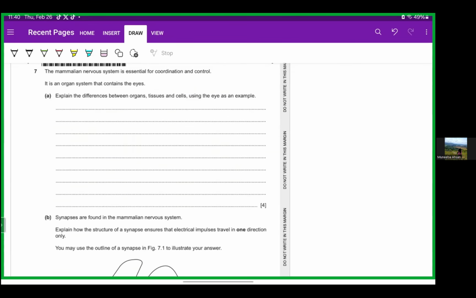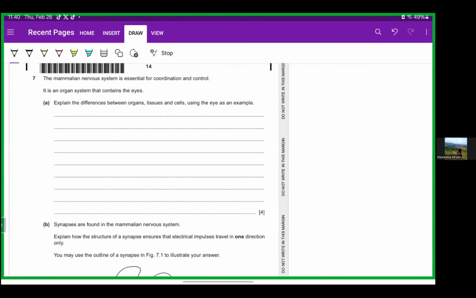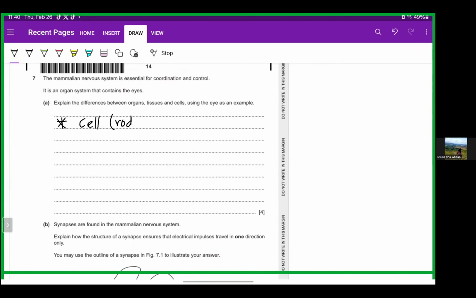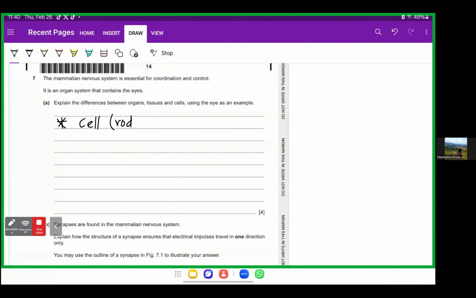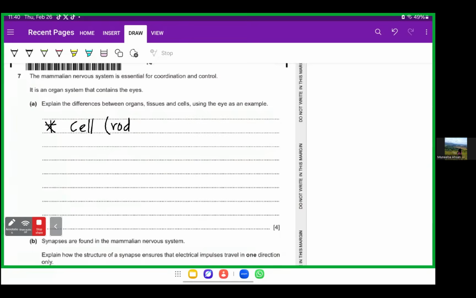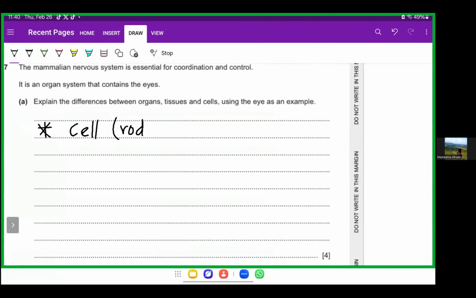So the better way to do it is that you write cell, and in the bracket you just mention the names of the cells like rods and cones. So your example is covered, okay?